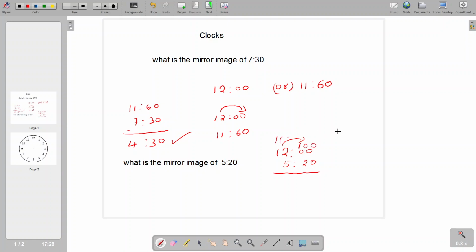So 11, 100 minus 20, simply they will subtract 100 minus 20, 80. 11 minus 5, 6. This is wrong. So we need to take 11:60. In order to avoid such situations, we need to take 11:60 instead of 12.